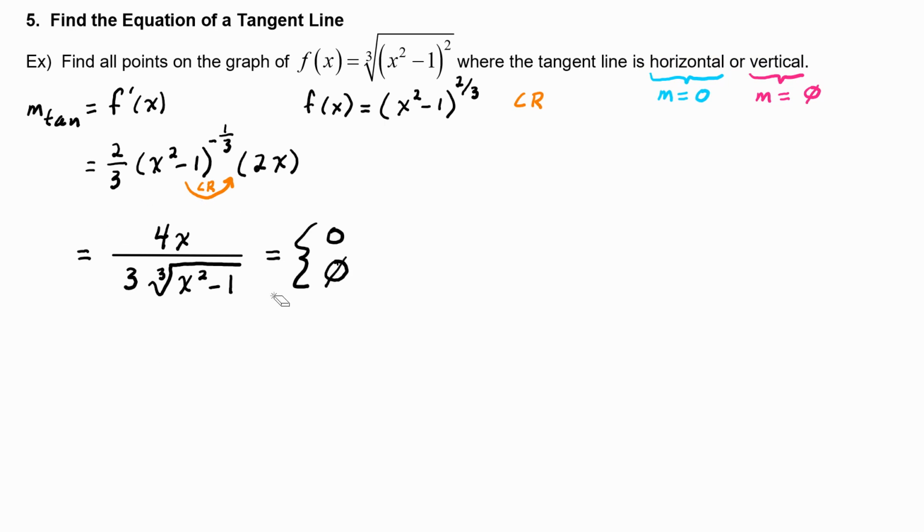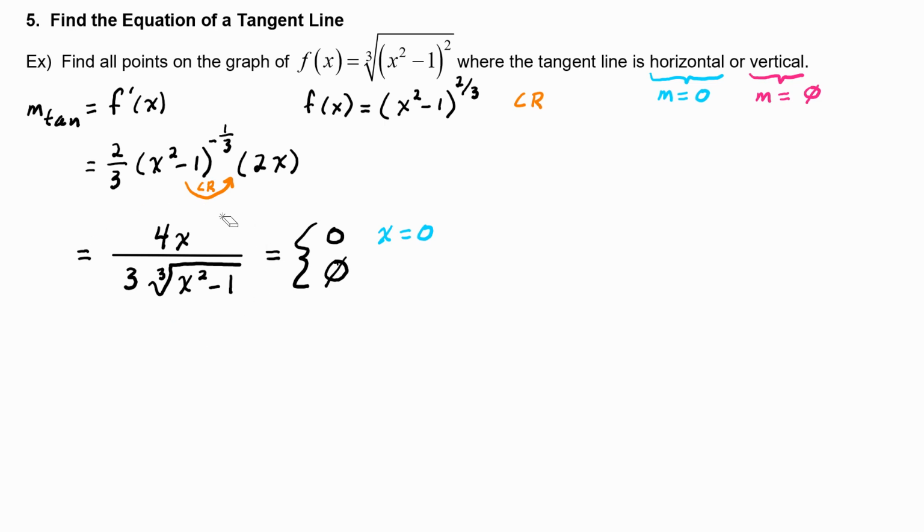And a rational expression is going to equal 0 whenever its numerator is 0, as long as the denominator is not. And we can see that at x equals 0, the numerator will be 0, and the denominator will not be 0.